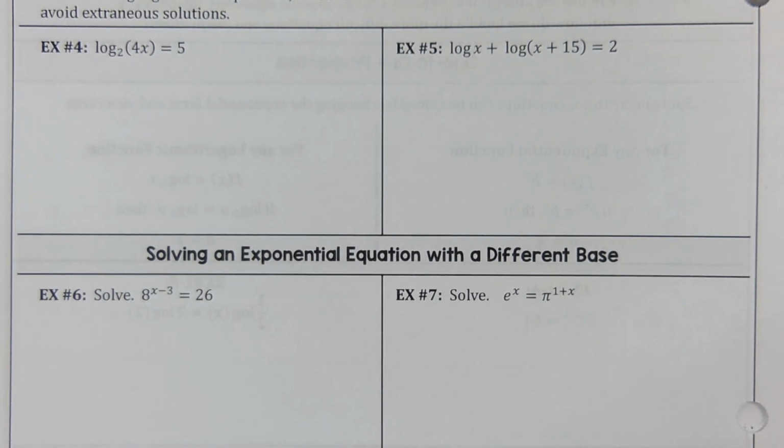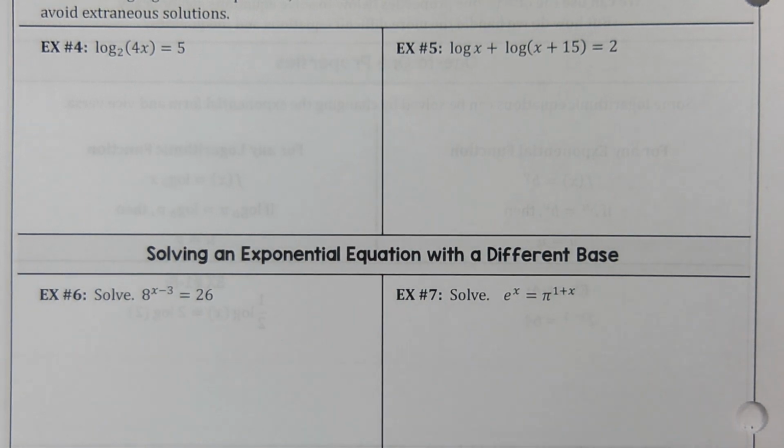So check out example number 4. You could either determine the domain at the beginning, or you could wait to the end to make sure your answers are allowed. To be real with you, I'm more of a fan of waiting to the end and then going, was that answer allowed?